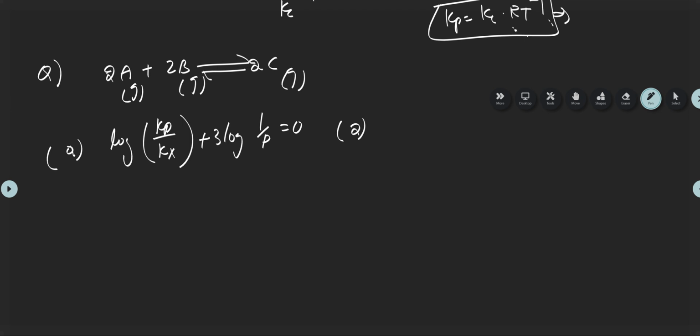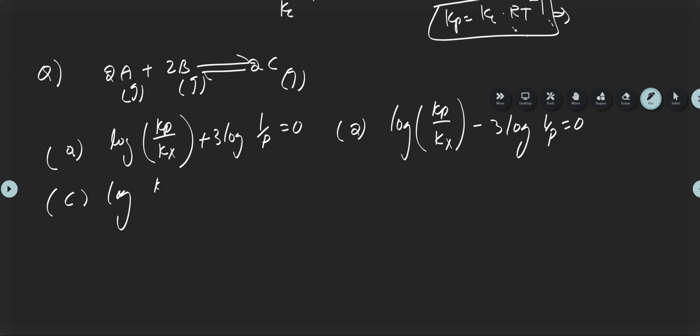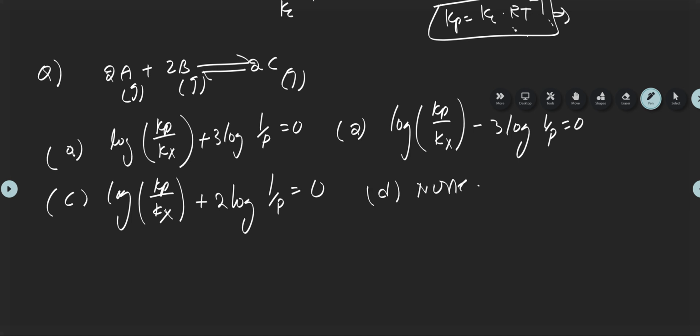Second option, log Kp by Kx minus 3 log 1 by P is equal to 0. Third option, log Kp by Kx plus 2 log 1 by P is equal to 0. Option D is none. So find out, and we'll discuss this question tomorrow.